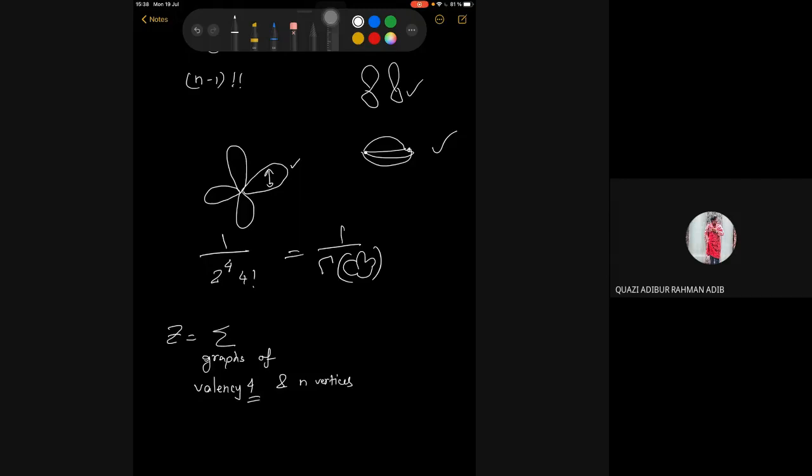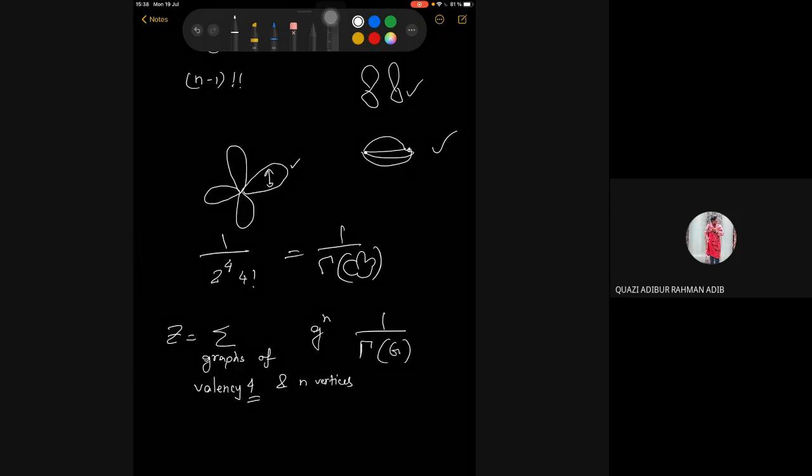We can have different valencies, and we were dealing with graphs of valency 4. They are weighted by this factor, which is the symmetry factor, and the power of G tells me what vertex I'm looking at.